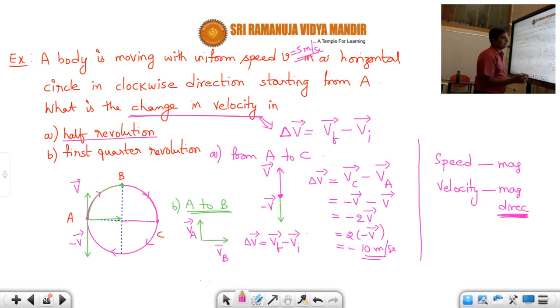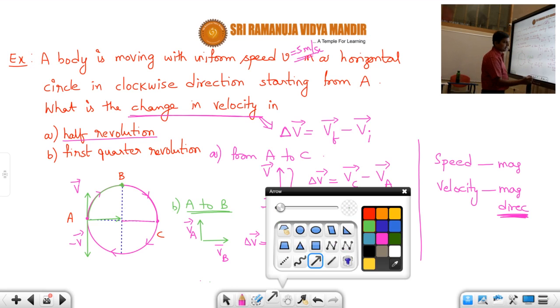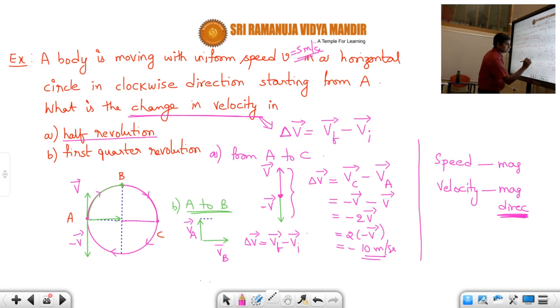Okay. Previously, students, these were collinear vectors, so we just added them like that. Now these are non-collinear, students. So whenever we are adding two non-collinear vectors, we should go by either the triangle law or the parallelogram law. Here we can go by the parallelogram law, where we just have to draw one parallelogram like this.